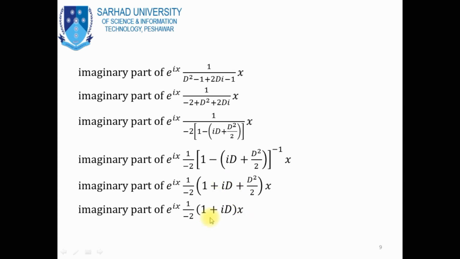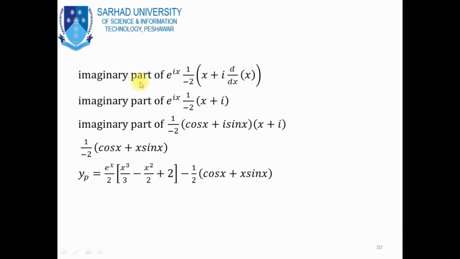Now multiply x with 1 and D, I mean the derivative of x. You see over here the imaginary part of e power iota x into 1 divided by minus 2 into x plus iota derivative of x. The derivative of x is 1. So the imaginary part of e power iota x into 1 over minus 2 into x plus iota.